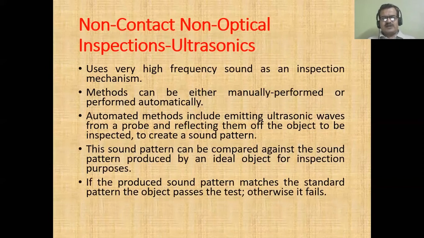This sound pattern is then compared with the standard sound pattern produced by an ideal object, which is already available in the inspection device, and the deviation is shown to understand the part feature, right? So if the produced sound pattern matches the standard pattern, the object passes the test, otherwise it fails.